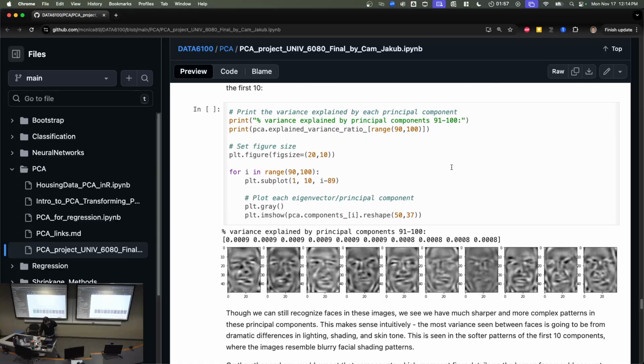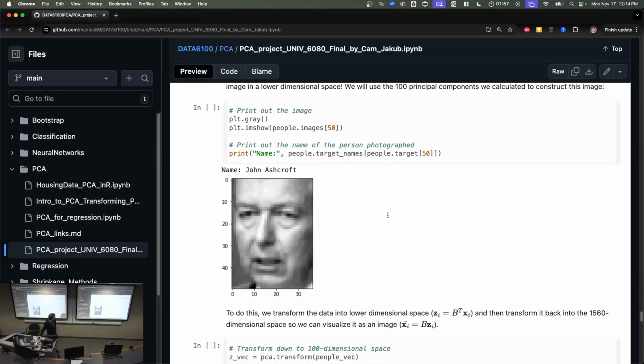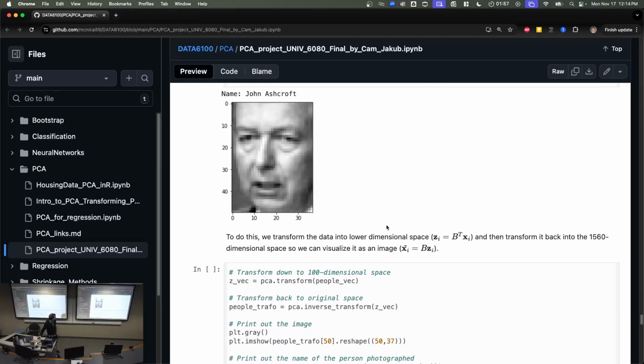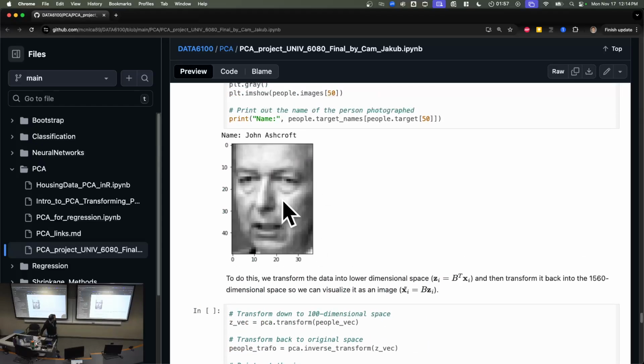Well, in any case, you can do these projections. So here is somebody's actual picture. And here is what they look like if you project them onto some lower dimensional space. What is the dimension of this picture? It is 37 by 50, so over 1,000 dimensions.